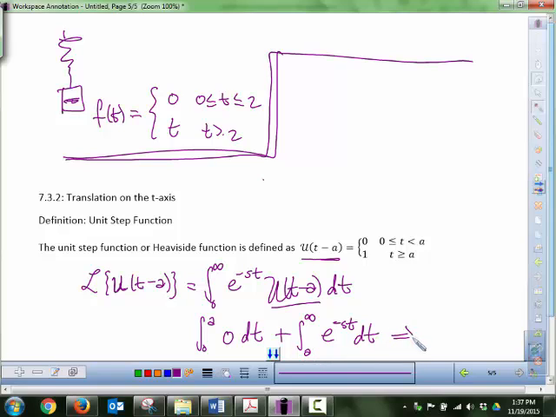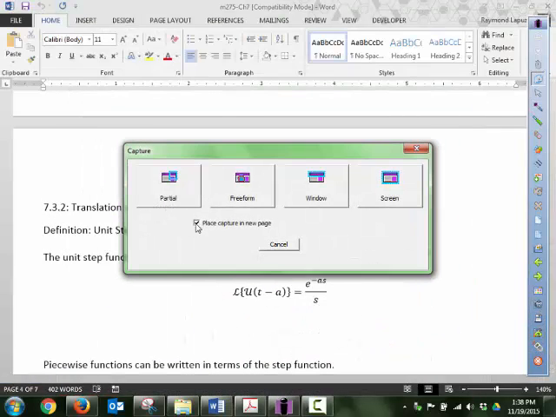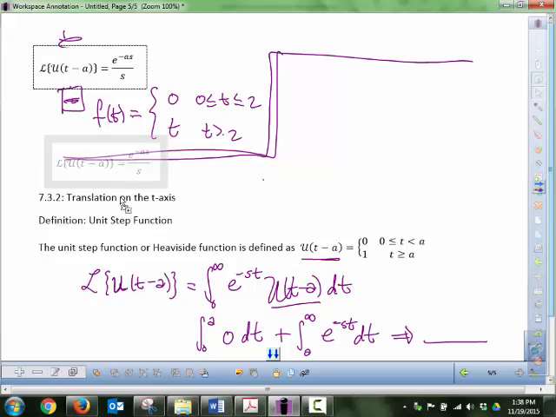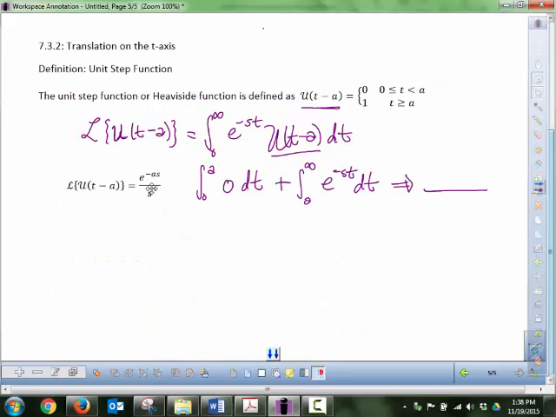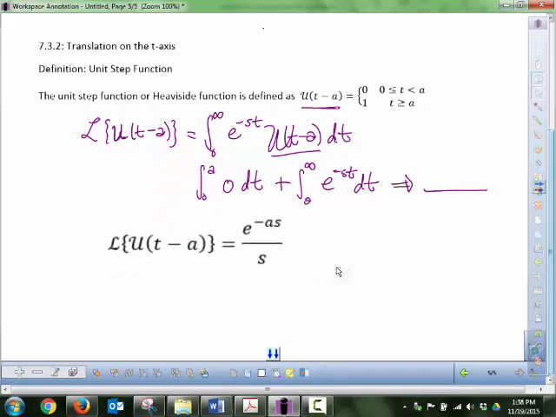And so whatever this turns out to be is going to be a result. That turns out to be e to the something. So we add one more to our list of Laplace transforms. Now we have a Laplace transform for the unit step.